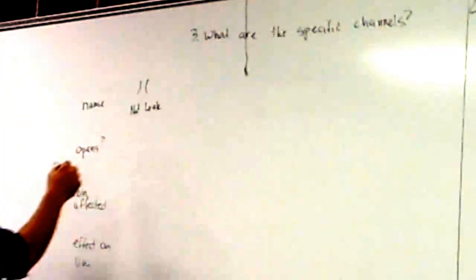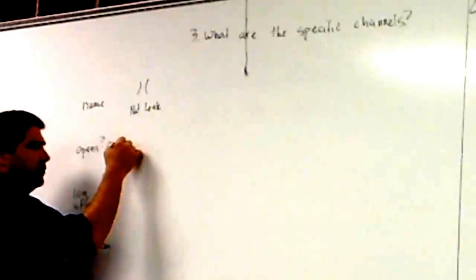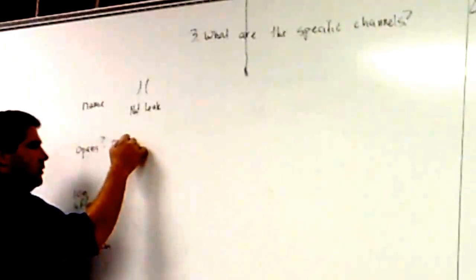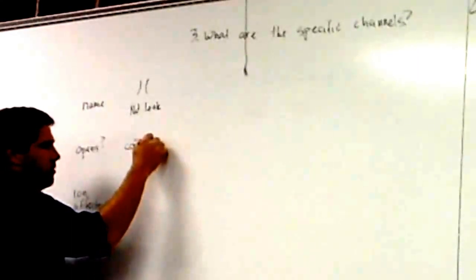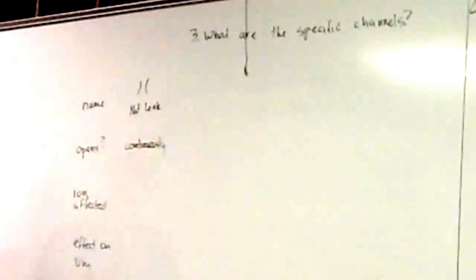We'll do ion affected. And the effect on VM. Sodium leak channel is a very small channel that's open all the time in autorythmic cells. And so, continuously, just do continuously. So this channel is always open.